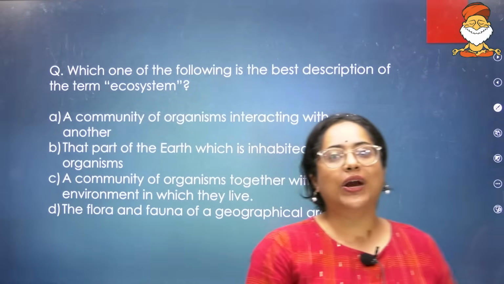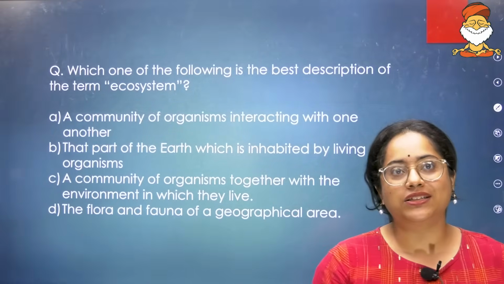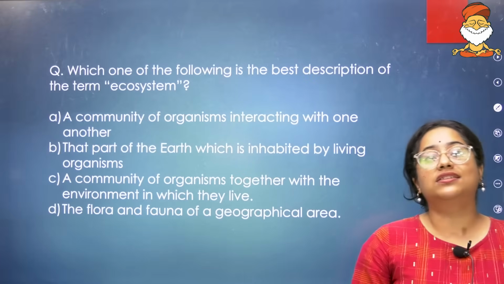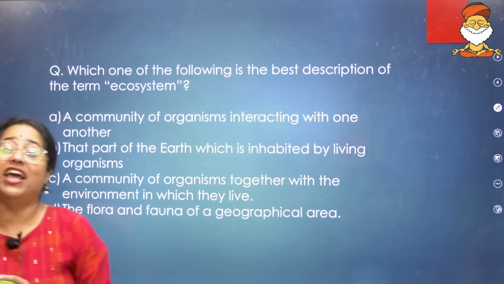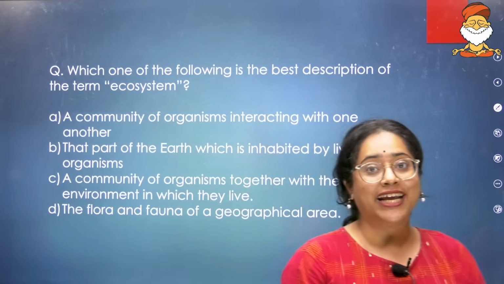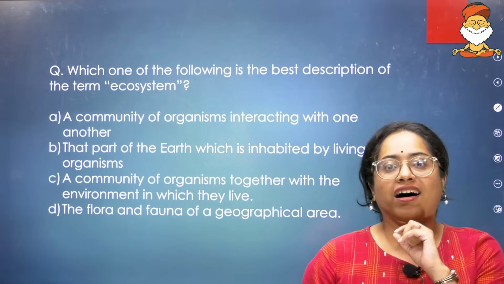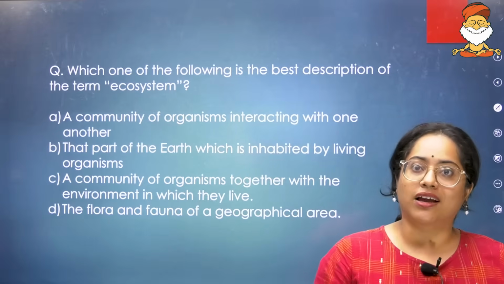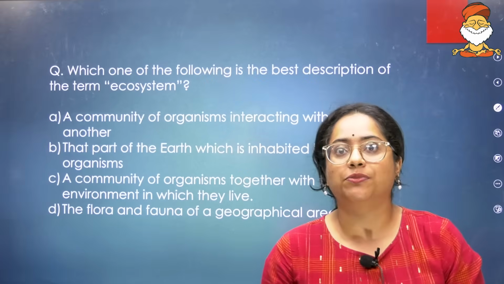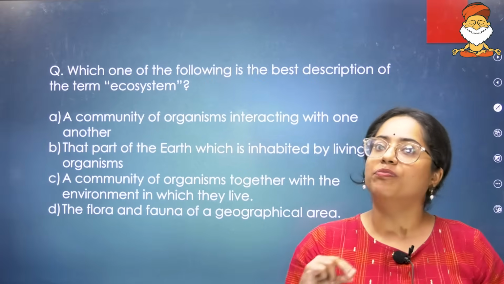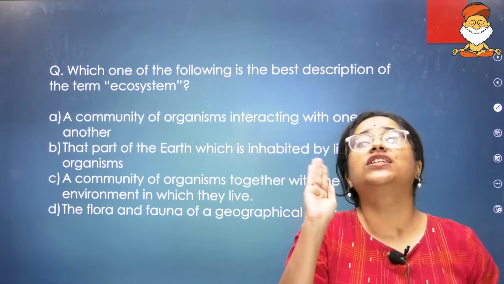Now, to quickly do a previous year question: which one of the following is the best description of the term ecosystem? Now again, when you have statements where it asks what best describes the term ecosystem, don't look for the definition that was taught in class, because they might try to confuse you by giving you a statement which is close enough.